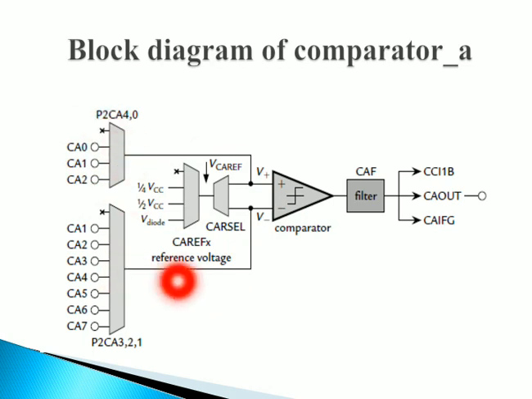The inverting terminal V- will be connected to external signals, that is from CA1 to CA7, or it is also left open. This is selected using the P2CA bits, and an internal reference voltage will be connected to V-.